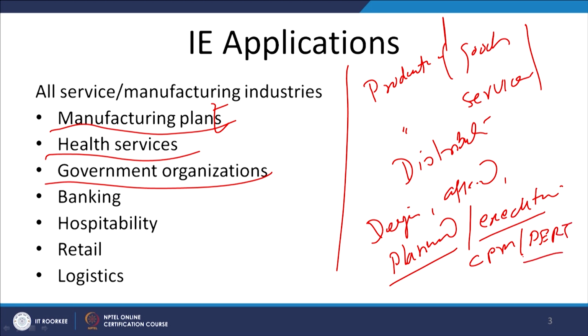It is also very useful in R&D organizations, where hundreds of activities are to be done by different parties, and if we want the project to be completed on time, then these techniques are found to be very useful.